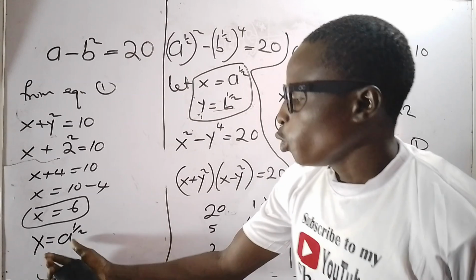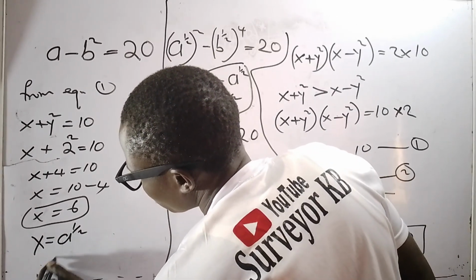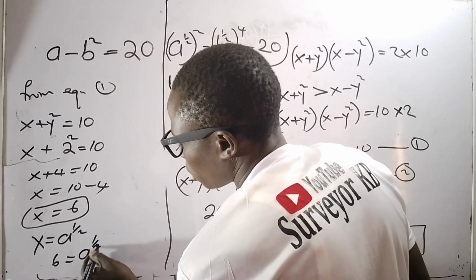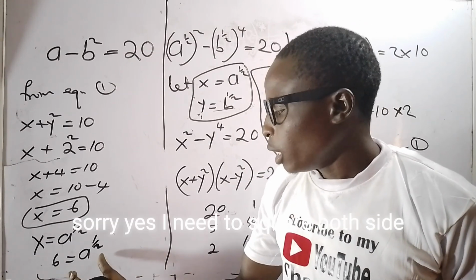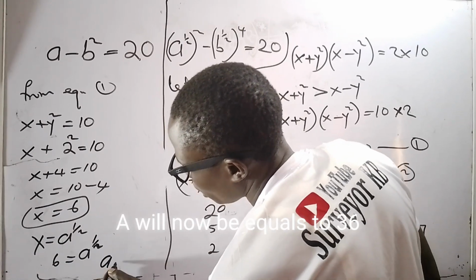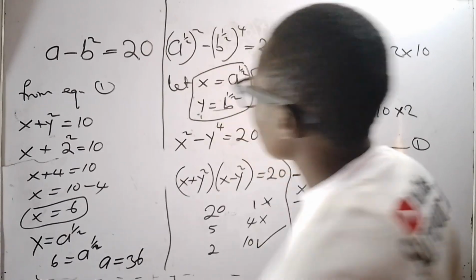If the value of x is 6, that means 6 is equal to a raised to the power of 1 over 2. That means I need to square both sides. In squaring both sides, a will now be equal to 36.